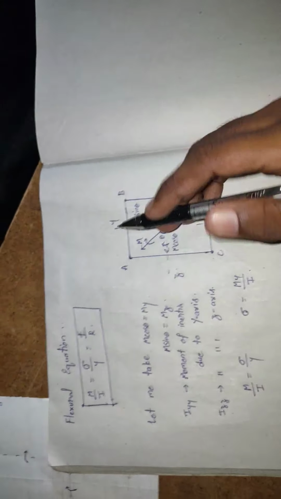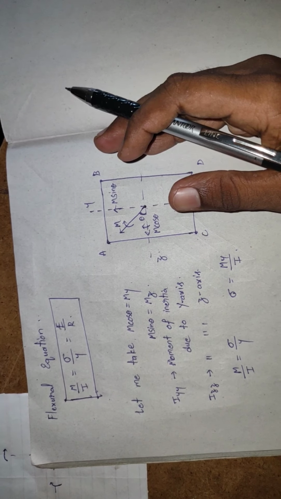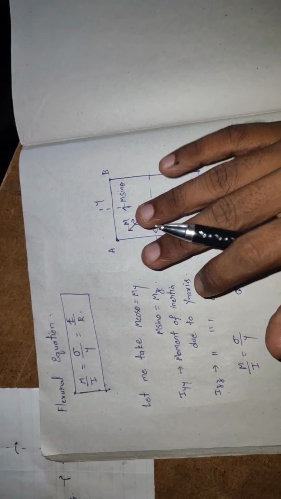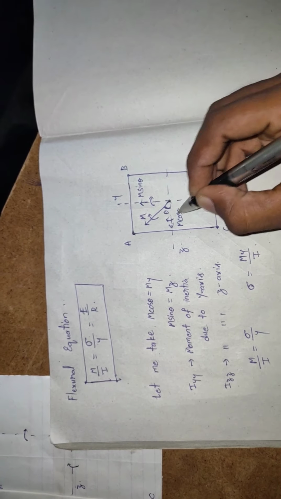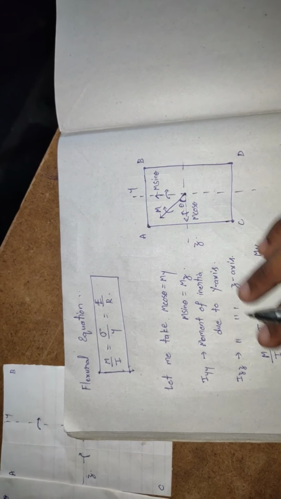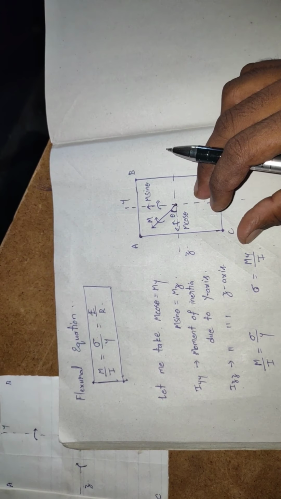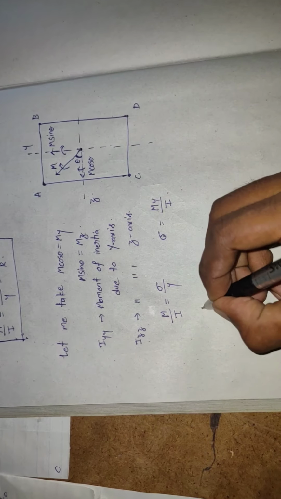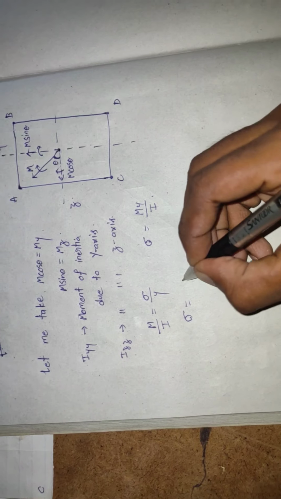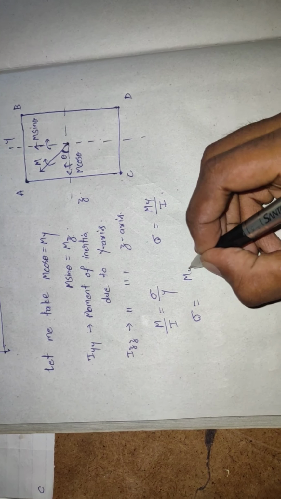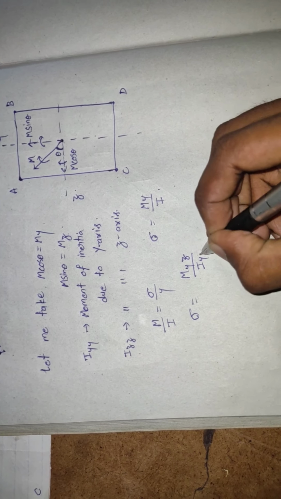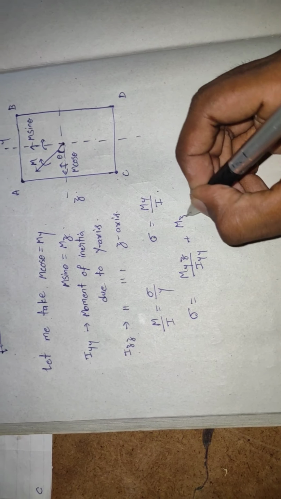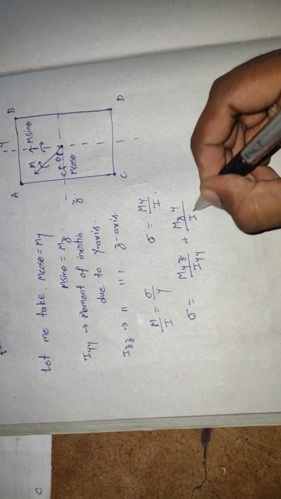Here the moment is split into two axes, so the stress is produced from both the moments, along the y axis and along the z axis. For both moments there will be stresses, so the total stress is equal to My into z by Iyy plus Mz into y by Izz.